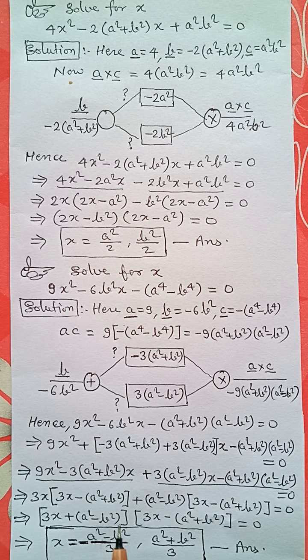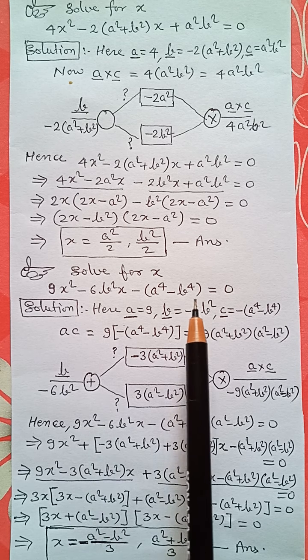Now if this factor is 0, this gives us x equal to −(a² − b²)/3. And if this factor is 0, it gives us x equal to (a² + b²)/3. Hence, x is equal to −(a² − b²)/3 or (a² + b²)/3 are the two roots of this quadratic equation.